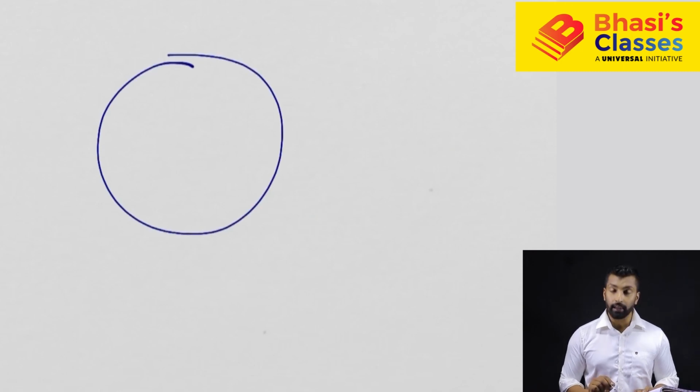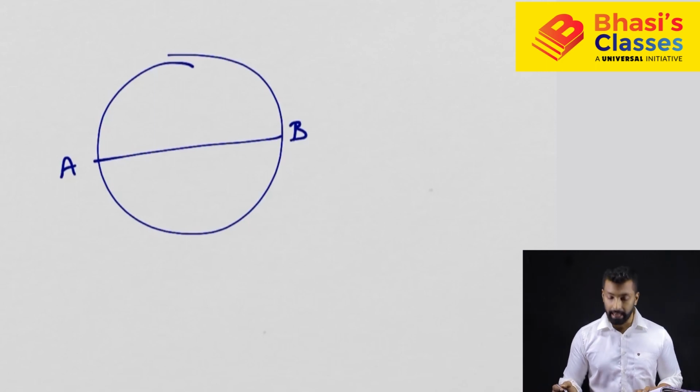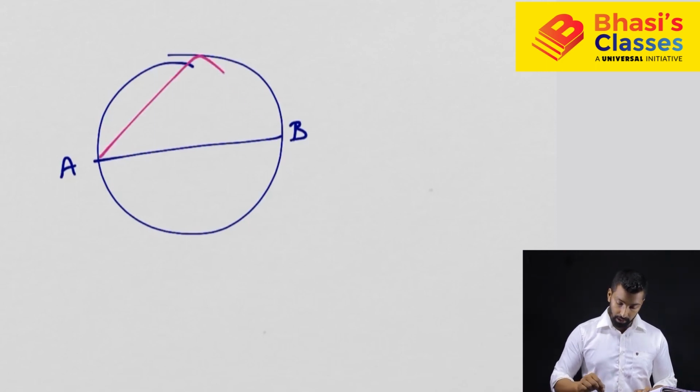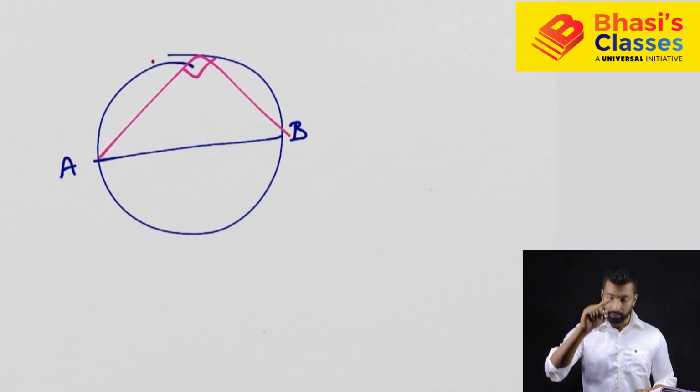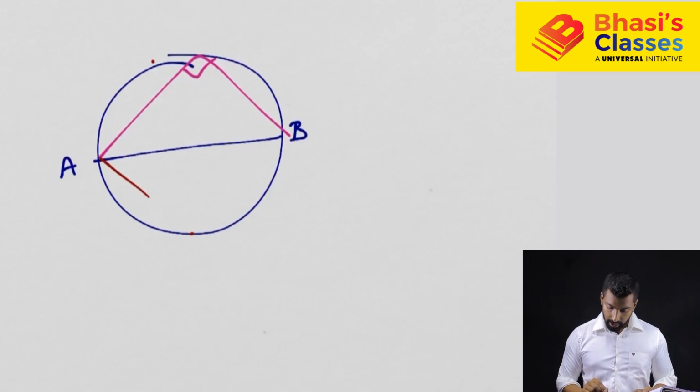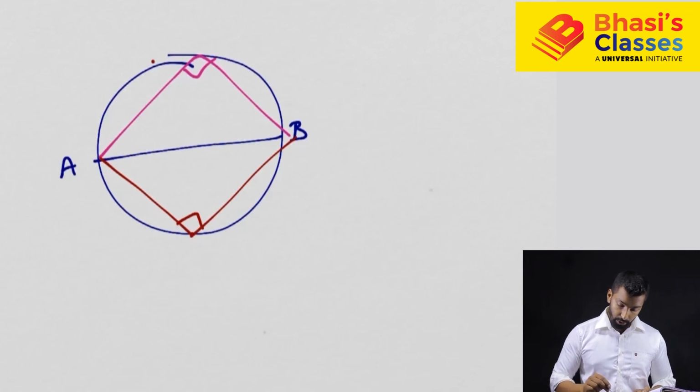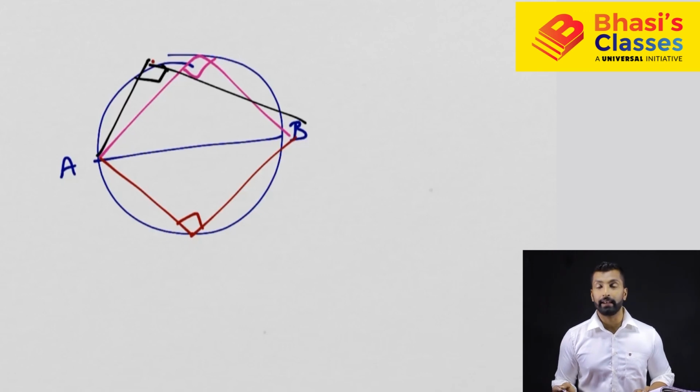You have a circle, and AB is the diameter. Now if you put a point anywhere on the circle and draw lines like this, that angle will be 90 degrees.